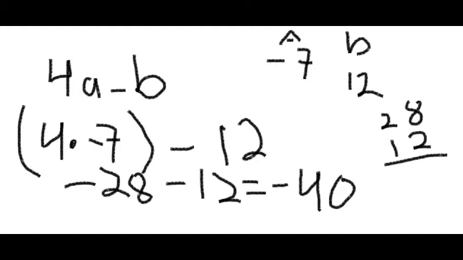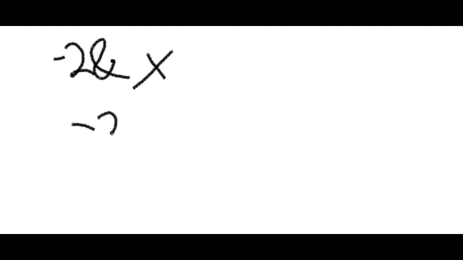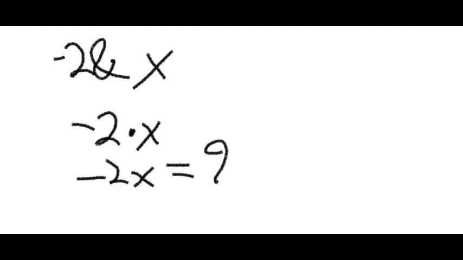Well, the product of negative 9 and n. The product of negative 9 and n. Well, if I were to say, and focus, if I were to say what is the product of negative 2 and x, all we're doing is just multiplying negative 2 times x, or negative 2x.